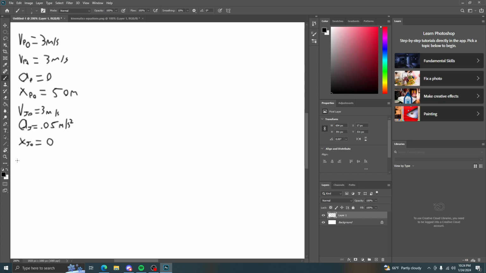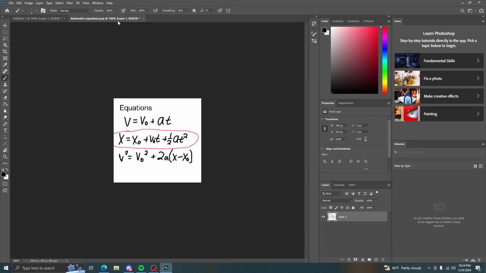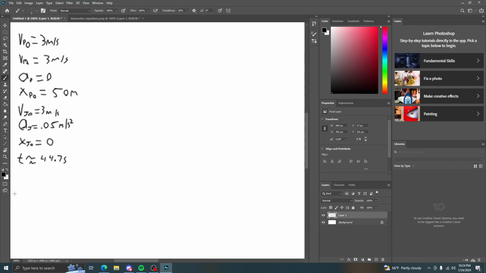But anyway, the easiest way to do this is we already solved for t, so we have t equals 44.7 seconds, and then we just look at the equation here. X final equals x initial plus v initial times t plus 1/2 at squared, and we have change in x for Jacob.